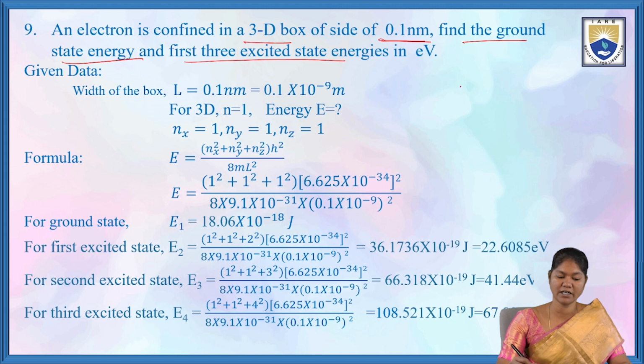So we need to calculate the energy at n equals 1, that is for the ground state, and n equals 2 for the first excited state.